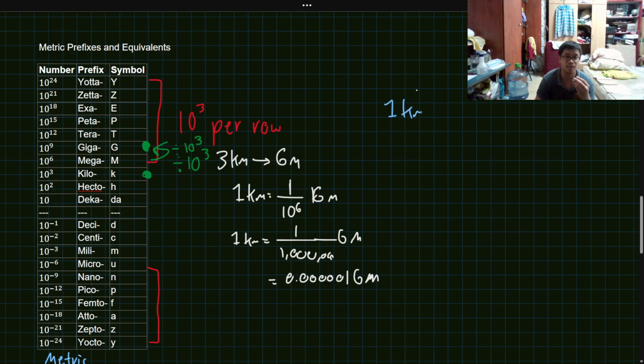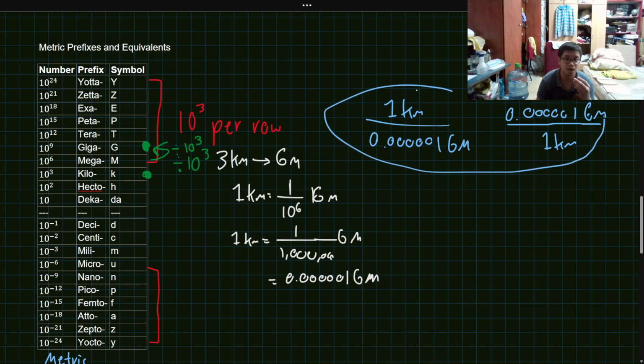It's either 1 kilometer all over 0.0000001 gigameter, or you have 0.0000001 gigameter all over 1 kilometer. So you have to select which one of the fractions you will use so that if you're going to multiply to 3 kilometers, the kilometers will be cancelled.